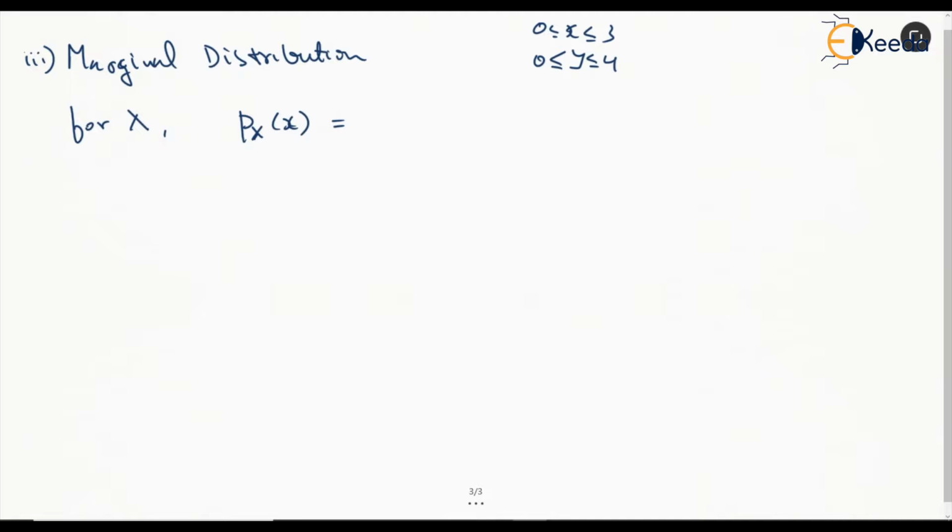If you want the marginal density for, let's say, x equal to 0, then all the densities for x equal to 0, that is 0,0; 0,1; 0,2; 0,3 and also 0,4, we'll have to add all of these so that we can find the probability density function for x equal to 0.